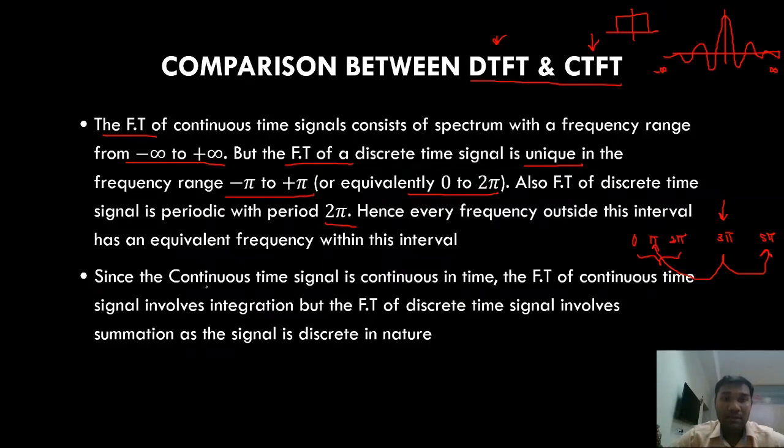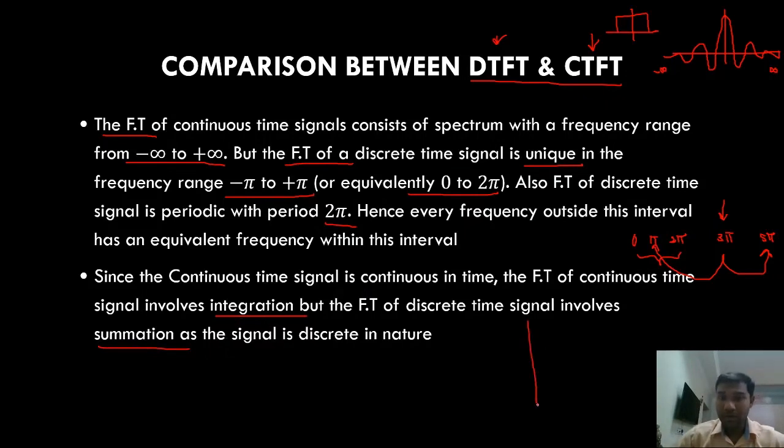Then, since the continuous time signal is continuous in time, the Fourier transform of continuous time signal involves integration. But for the discrete time signal, it involves summation. This we already discussed, right? Why summation? Why integration?